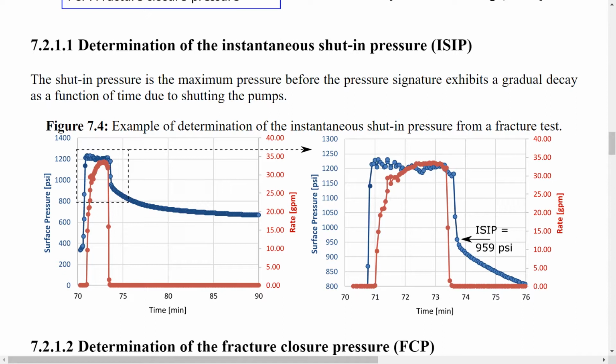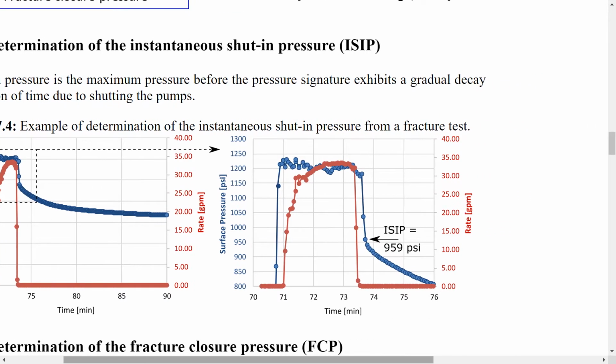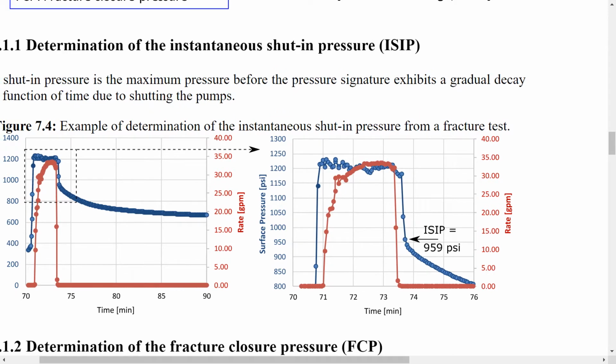After you stop injecting, the pressure goes down very quickly. Making a zoom on that data over here, you can pick up the instantaneous shut-in pressure as the largest pressure after which you have a gradual decay in the data.